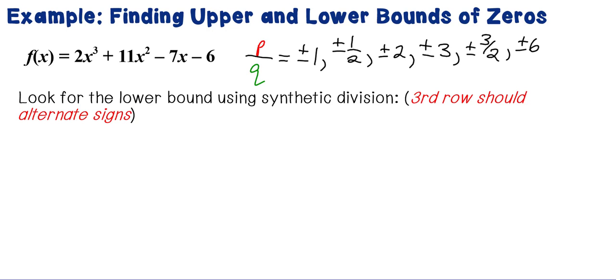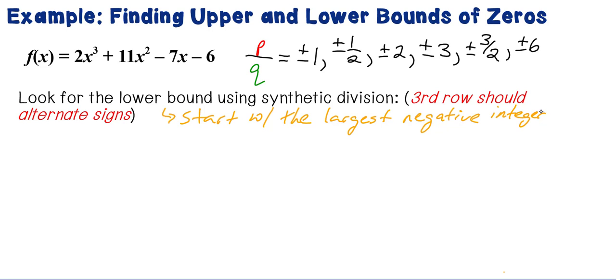So with the lower bound, we're using synthetic division. The third row should alternate signs or 0. And when we're looking for the lower bound, we want to start with the largest negative value. So we need to start with the largest negative integer that is a rational 0.